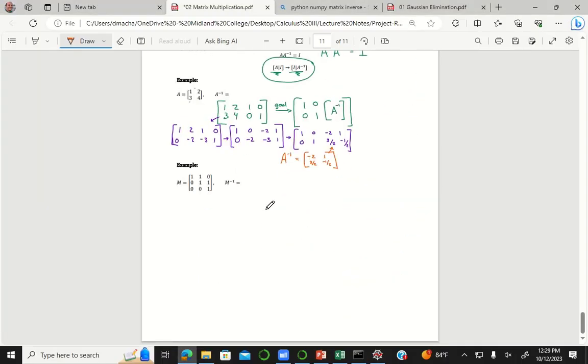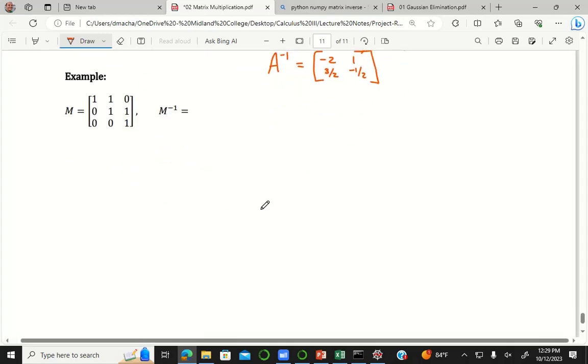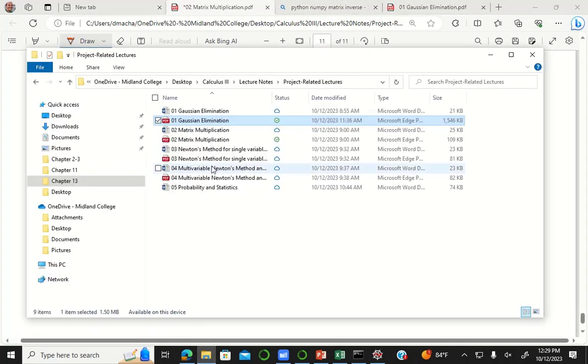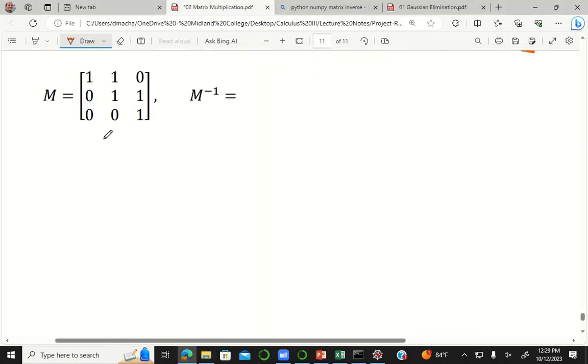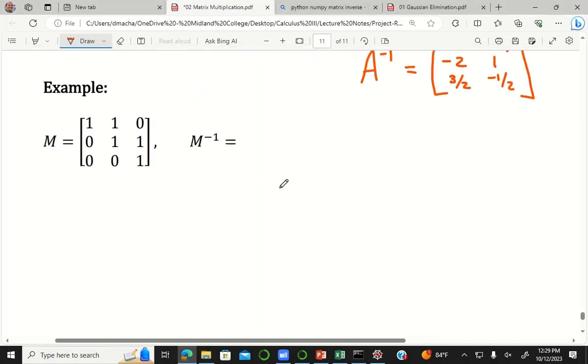Okay. Well, at this point, I'd say we are doing very good with how we are moving along. So let's do another example of trying to find a matrix inverse.